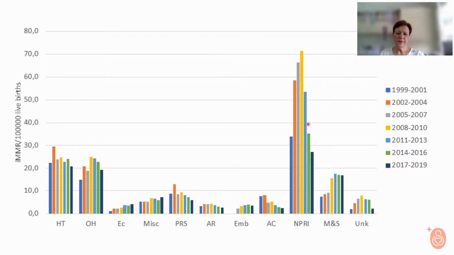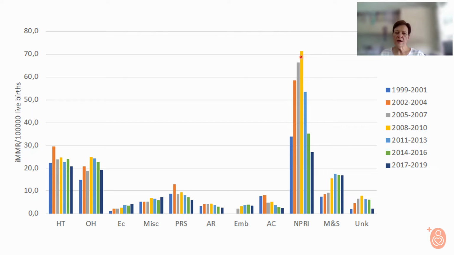Here you can see a bar diagram with all the different causes for maternal deaths: hypertension here, obstetric hemorrhage here, and then here you see non-pregnancy related infection. If you look here, the dark blue is 2017 to 2019, and you see it's still by far the highest cause for maternal deaths.